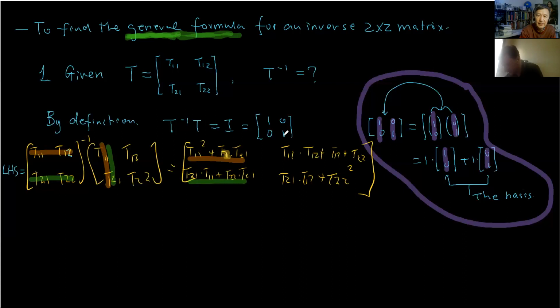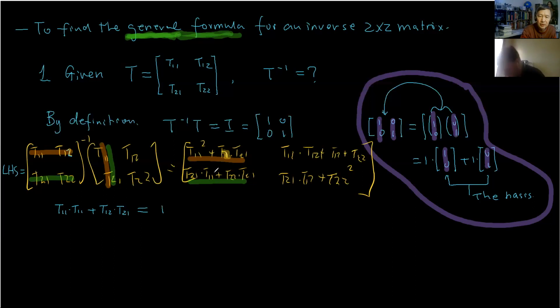What is the right-hand side? The right-hand side is simple: 1, 1, 1, 0, 0, 1. Can I just help you to write this equation? If you compare these two, we got this equation. So we got T11 plus T12 multiply T21 equal to what?